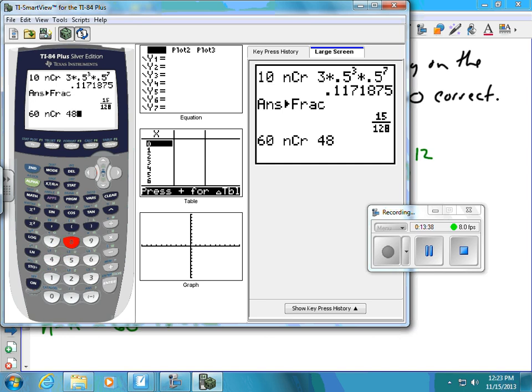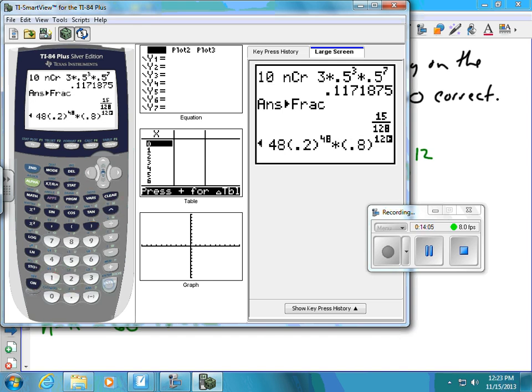We're going to multiply that by 0.2 to the 48th power, close that parenthesis, and then times 0.8 to the, oh, it's 12th power, right?